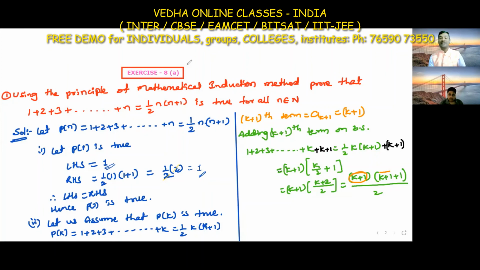That means in place of n, are we getting k plus 1 or not? Yes, we are getting k plus 1. Therefore P of k plus 1 is also true.